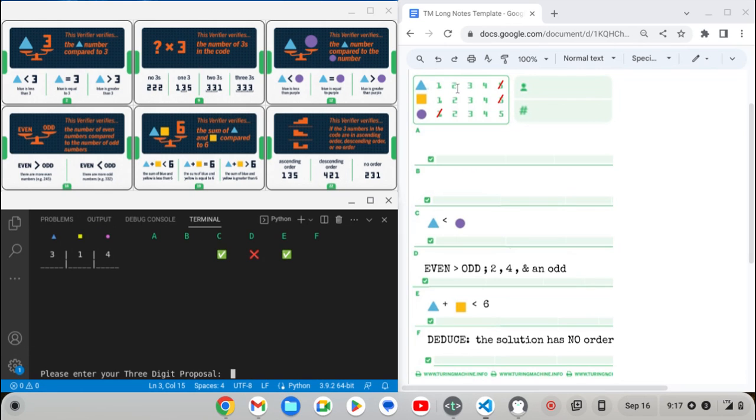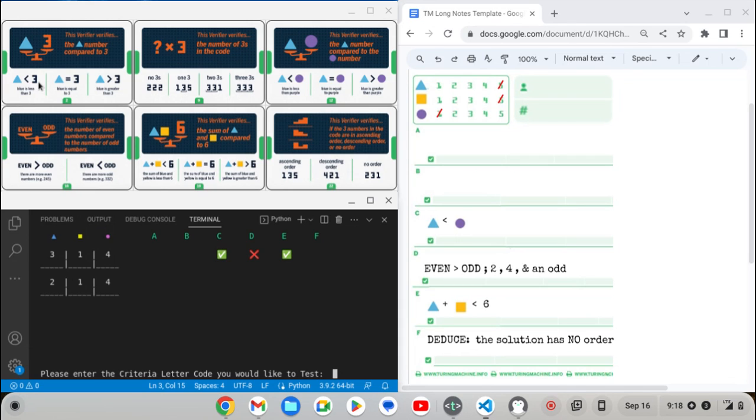And because you did pick 2, it forces a square to be 1. But if it's a 2, yeah, I guess 2, it could be a 3. And then it forces a circle to be 4. Yeah, let's go with that. Let's try 2, 1, 4. Okay. So I've sort of deduced that it's going to be less than.